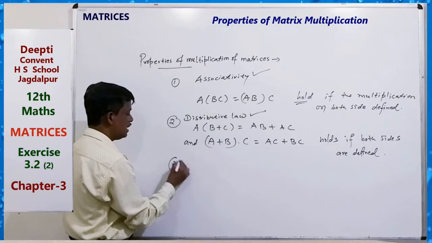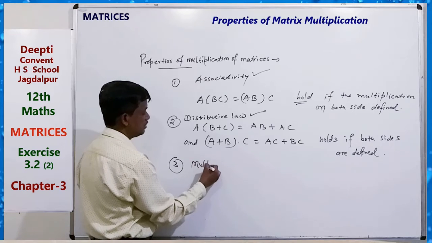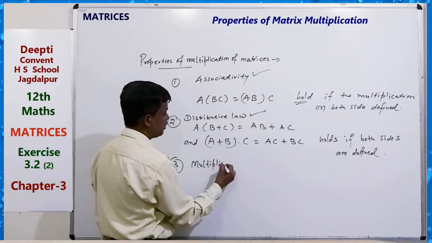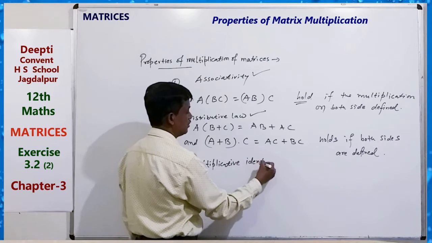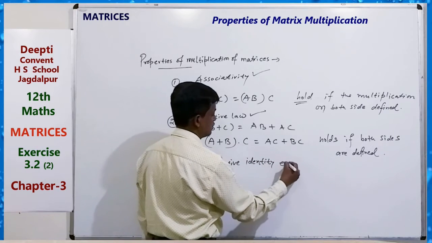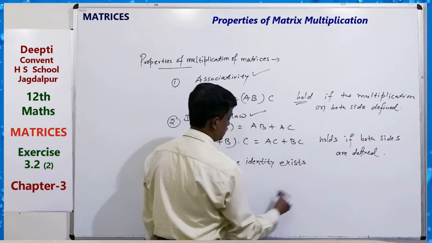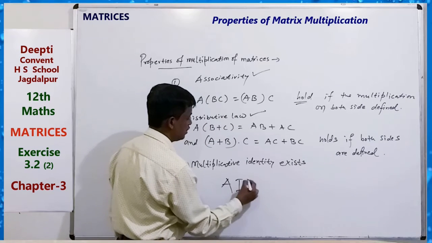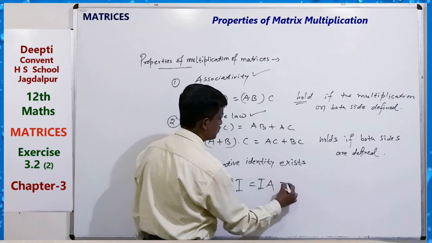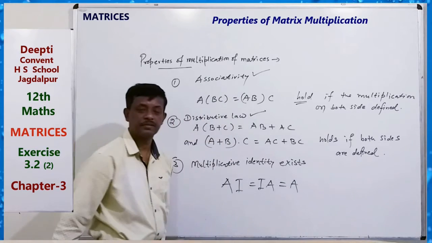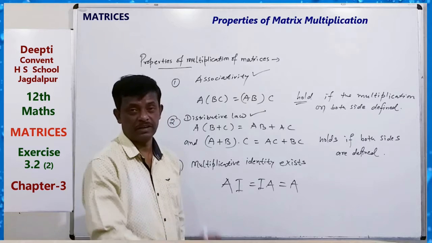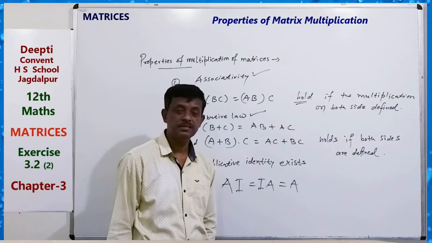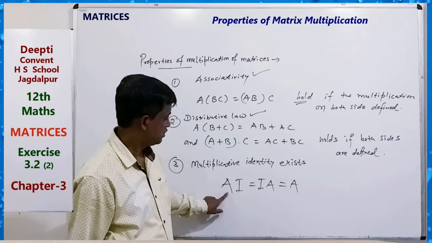And third, a multiplicative identity exists. AI equals IA equals A. Here I is the unit matrix.